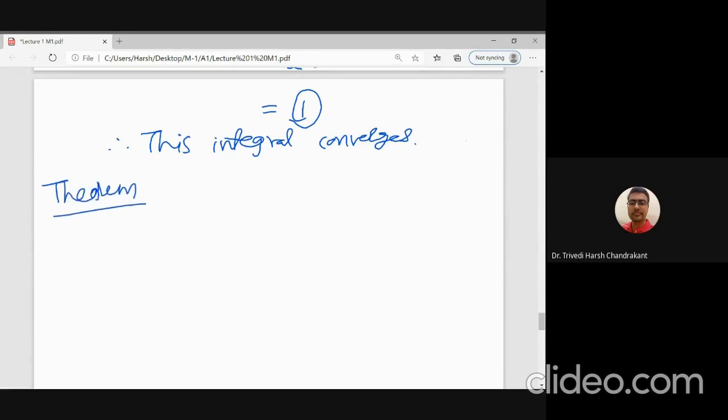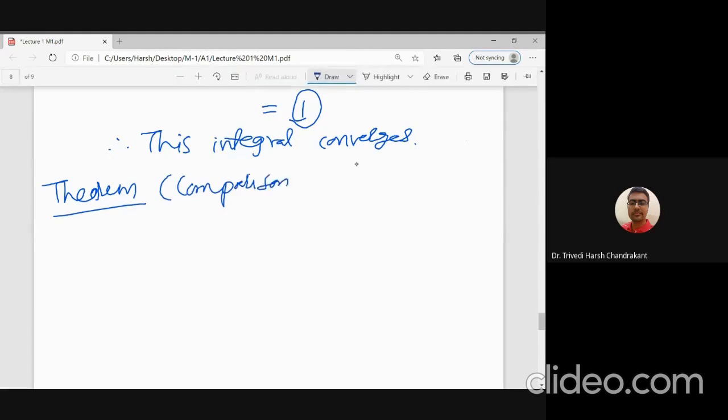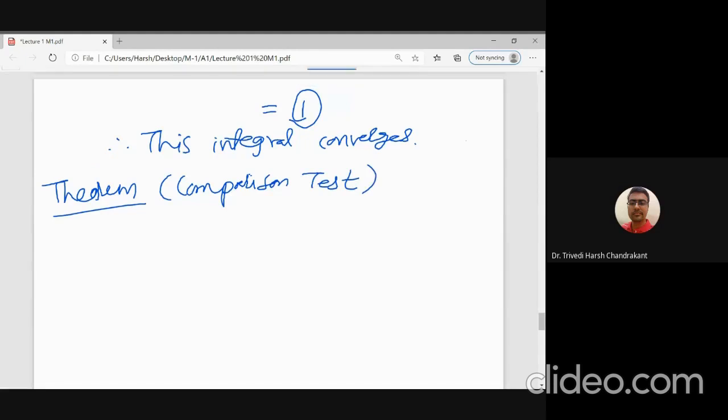First of all, the comparison test. So if you remember the statement, for the comparison test we have taken both the series to be non-negative number series.